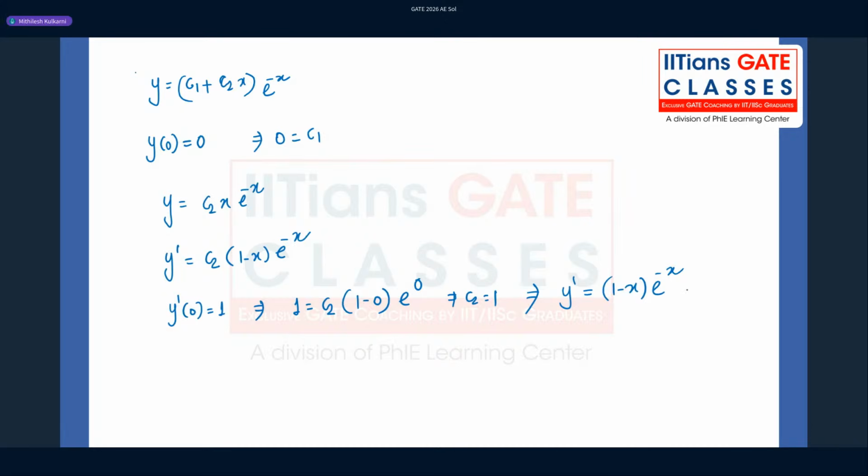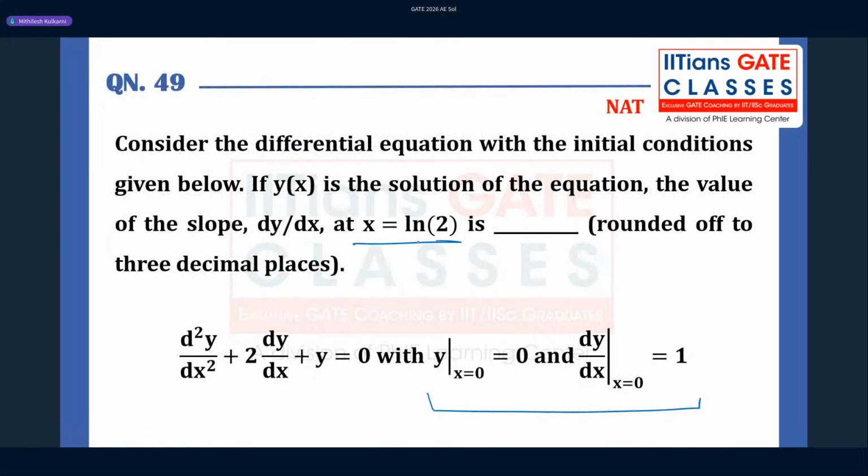Now, we can also write it as 1 minus x divided by e to the power x. What they are asking is y dash of ln of 2, when x is equal to ln of 2. Correct? When x is equal to ln of 2, what is dy by dx? dy by dx means y dash.